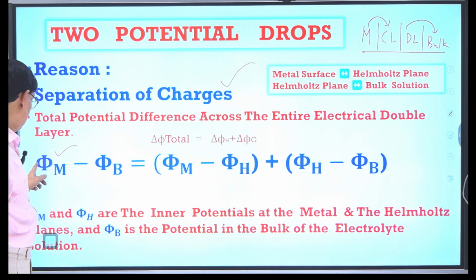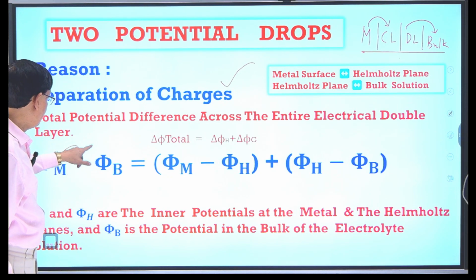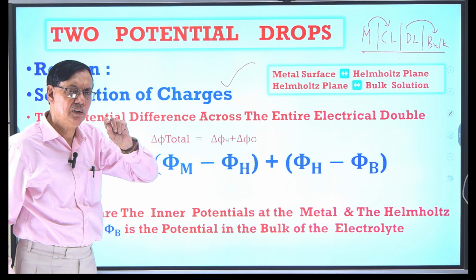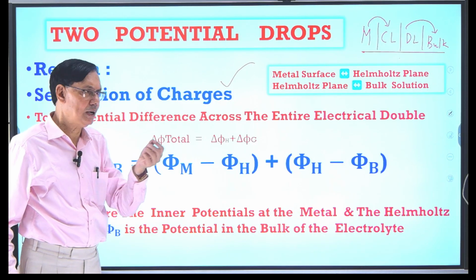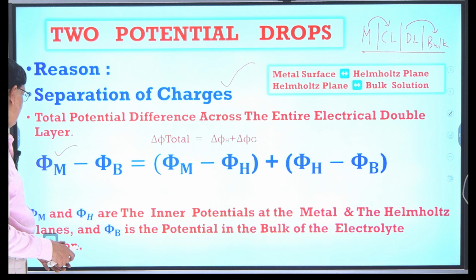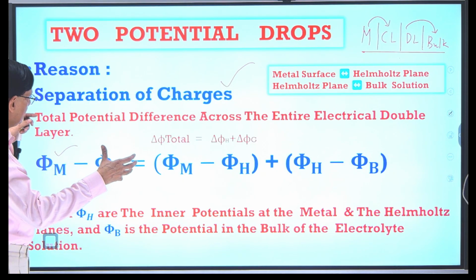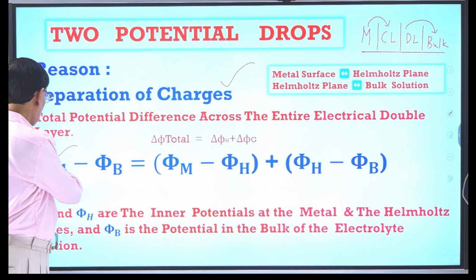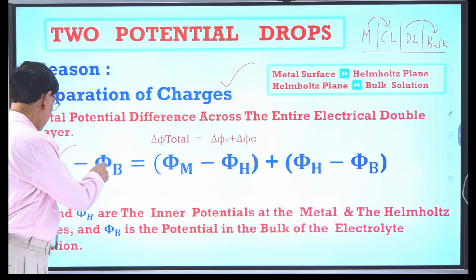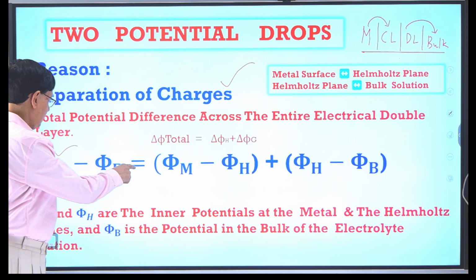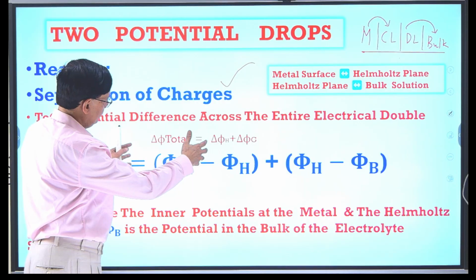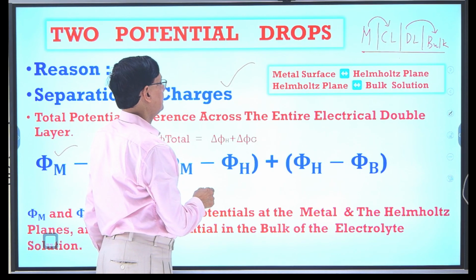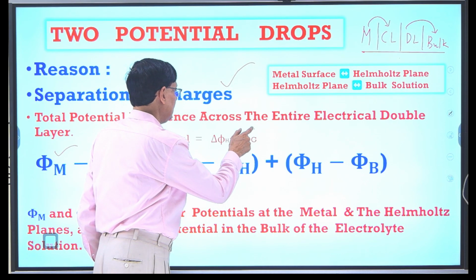So you see here, and phi of B, bulk solution or electrolyte. You can write small b, you can write BULK, you can write B, whatever you want to write. So the total potential difference across the entire electrical double layer is phi of M minus phi of B. If I want to calculate the total thing, there are two potential drops.